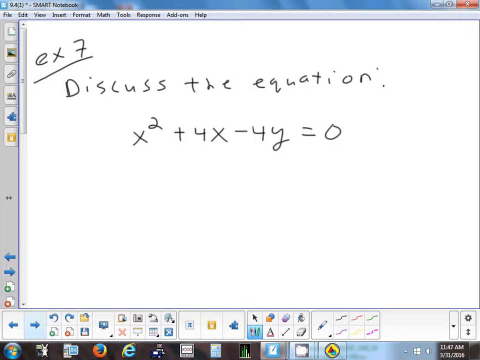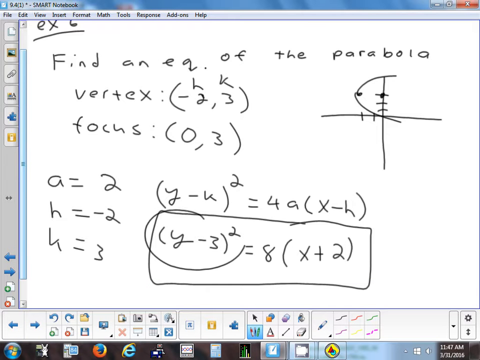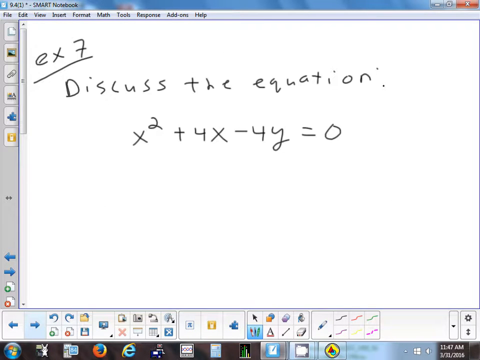Now you only need to complete the square with one variable. Only one variable is squared. It's either the x's or it's the y's. In this case, it's the x's. So let's keep the x's on the left. Let's put other things on the right. Okay, leave a little bit of room to complete the square.